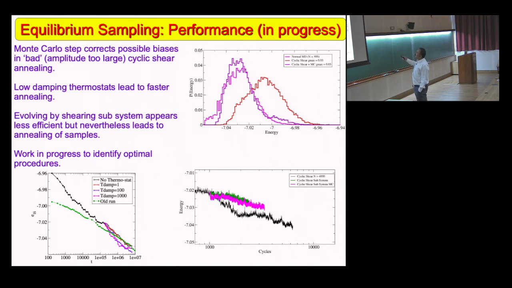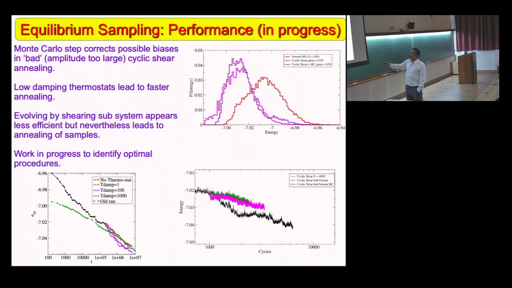Basically, I'm showing data for the equilibrium sampling through just a normal MD at a temperature where I can do it. And then sheared simulation where I don't do any correction. I don't do a Monte Carlo. And then this is a bad case where I choose my amplitude to be too high, and then the energies that I get are not the equilibrium energy distribution, but with the Metropolis acceptance step, I do get basically the equilibrium distribution in energies.